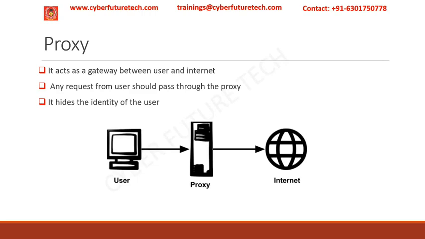So, the user's IP address is revealed and we can know from which place the user is browsing. But when we use a proxy server, the request from the user will directly go to the proxy and from there to website. Where the proxy uses different IP address, the user's identity is hidden.